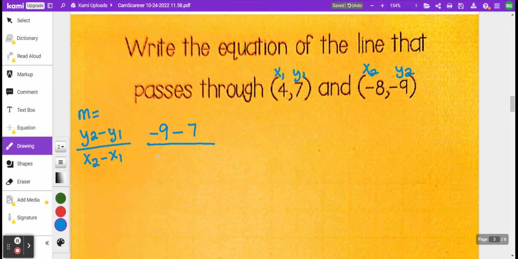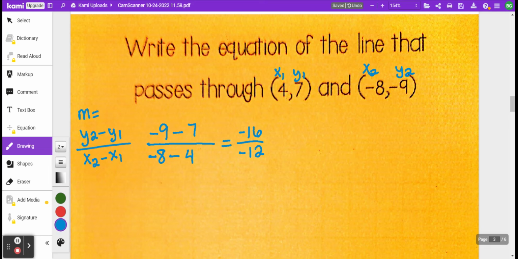Go down to the bottom. y2 is -8 minus 4. And let's start solving. -9 minus 7 should give us a -16. And -8 minus 4 should give us a -12.